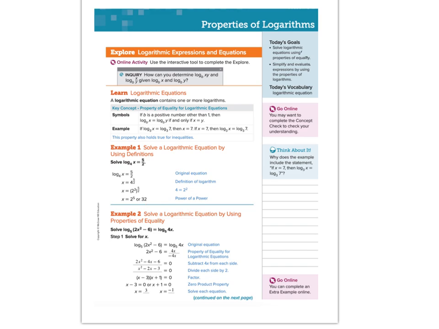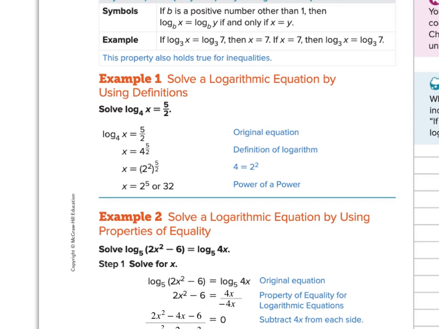Do you need a calculator for this? Absolutely not. This is just remembering what a fractional exponent is. This would be 2 raised to the 10 over 2, or 2 to the 5th, which is 32. So just being able to make this manipulation so you can continue on.